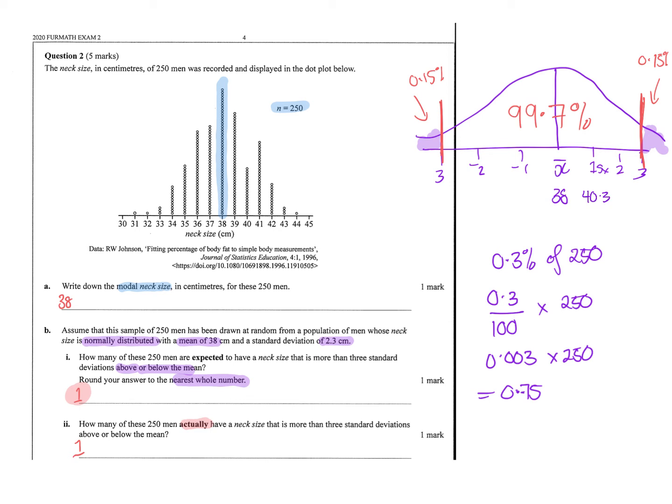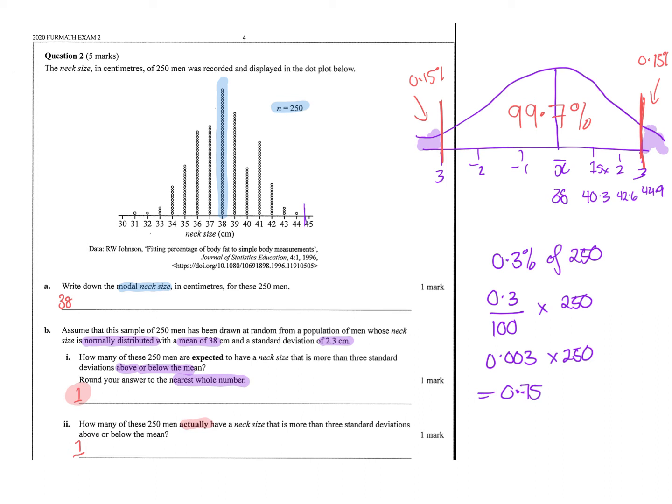If I add another 2.3, it'd be 42.6, and another 2.3, it'll be 44.9. Anything above 44.9 would be above that. So is there any above 44.9 up here?